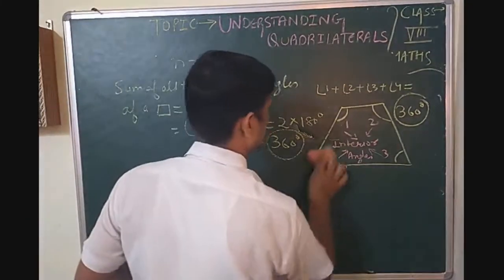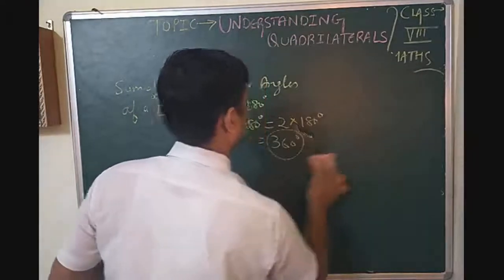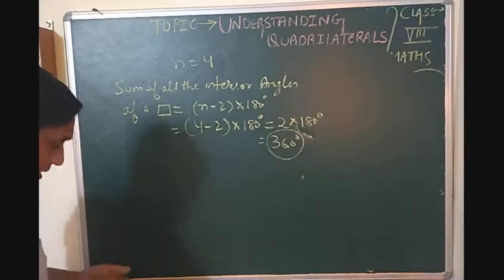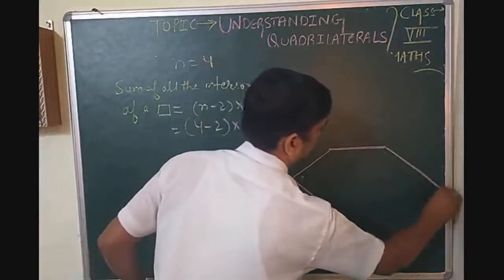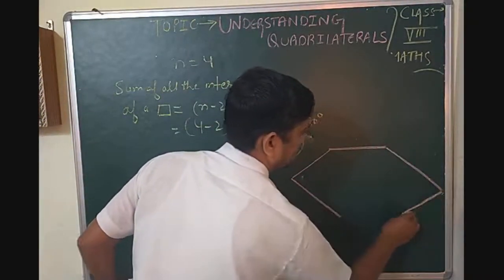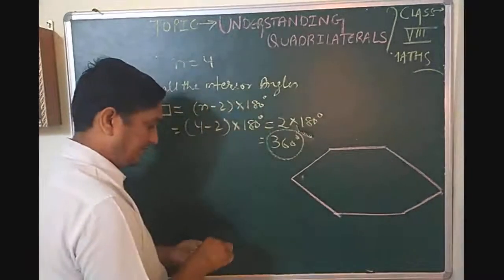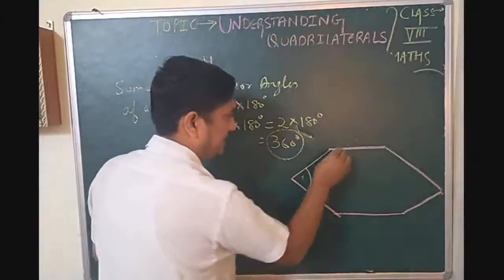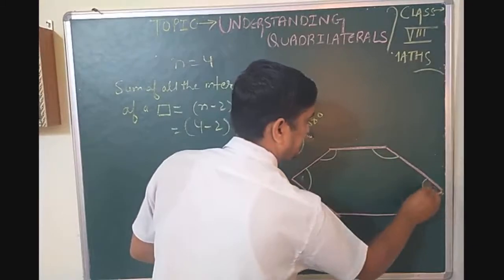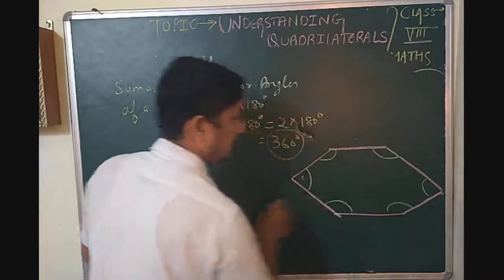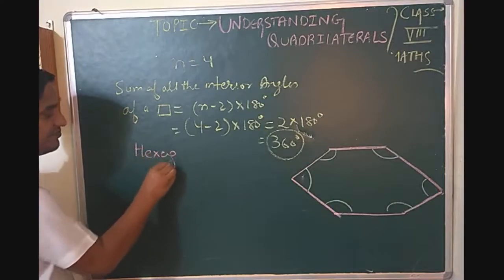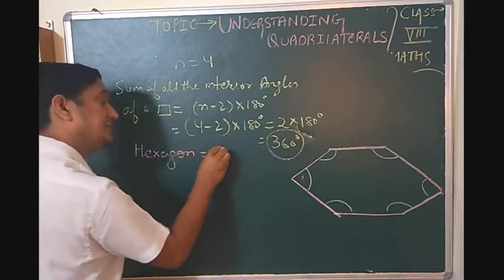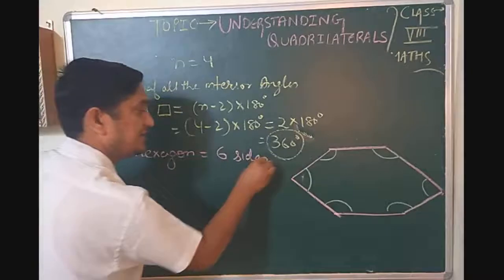Now look, I am drawing a hexagon here. This is a hexagon and these are the interior angles. And we know that a hexagon has 6 sides.